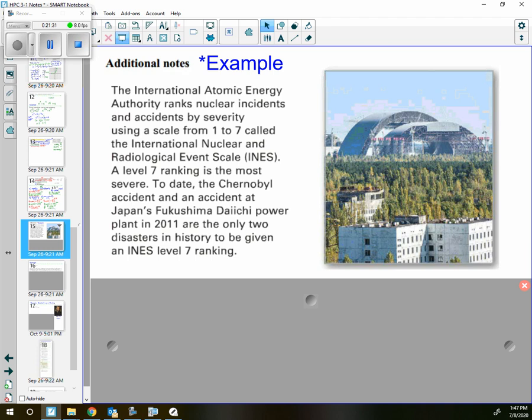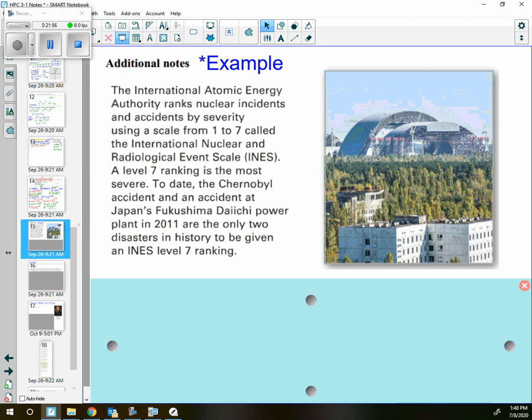Japan also had one. Those are the two historically the worst, given the highest ranking, the 7. So Chernobyl, if you want to Google it, it's a very interesting story. Only 2 have ever gotten a 7.